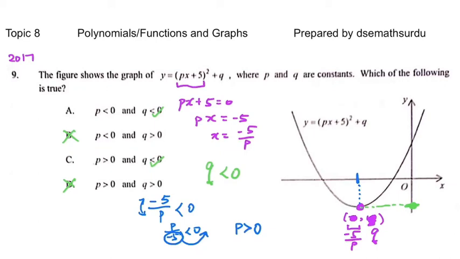Alright, that's why your answer is this one, C. And one thing you can do quicker in DSE is that if you see on this side it's a negative, there's a negative here, so the bottom one has to be positive so that your final answer is a negative, because you will have a minus and the plus becomes minus. So yeah, this one has to be positive.